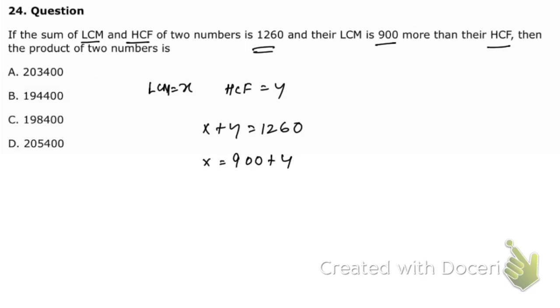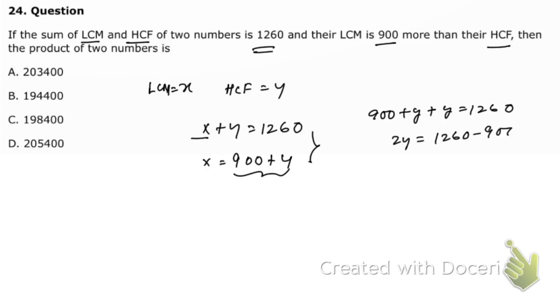So if you solve these two equations, replace x by this value, then you get 900 plus y plus y is equal to 1260. Then twice y is equal to 1260 minus 900, that's 360, right? And then y is equal to 360 divided by 2, that's 180.